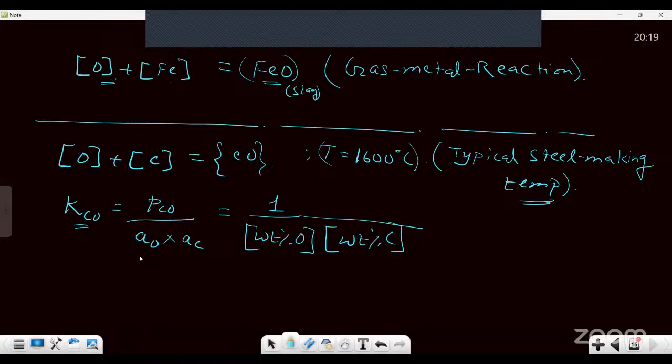Okay, now from here, one thing we can say, a very, very important conclusion we can draw from this. Please note this. If I call this equation 1, from this equation, what we have derived is the weight percentage of oxygen multiplied by the weight percentage of carbon.